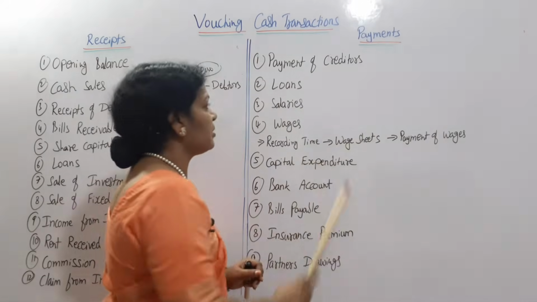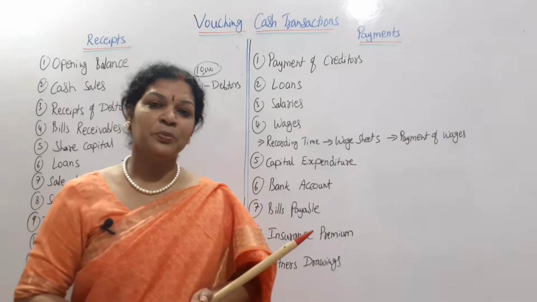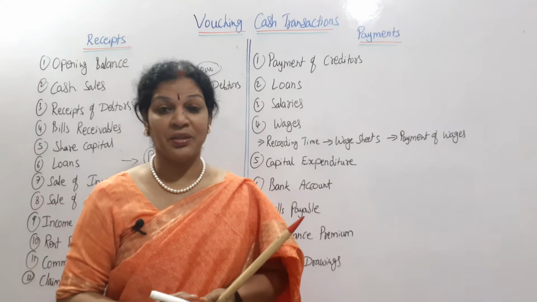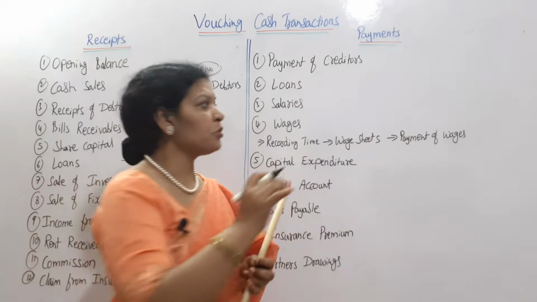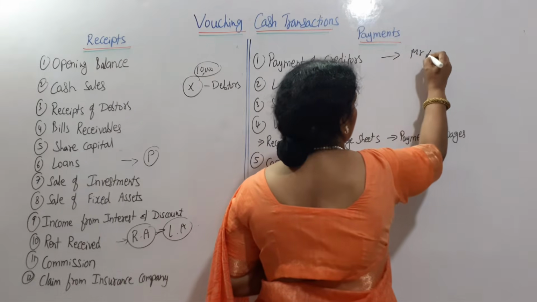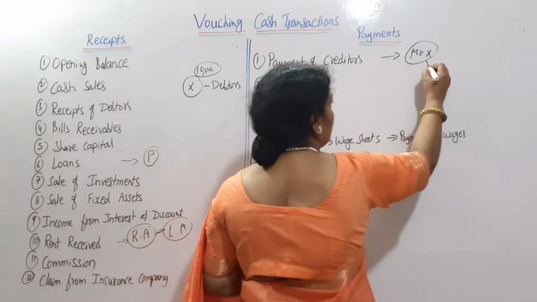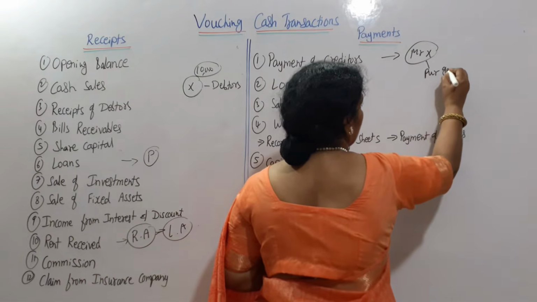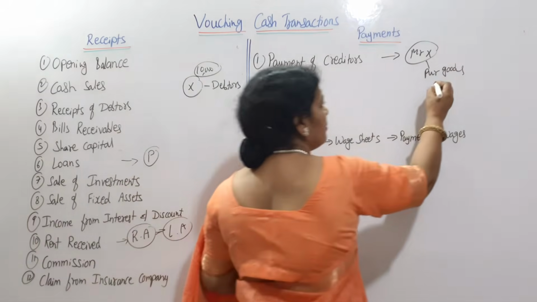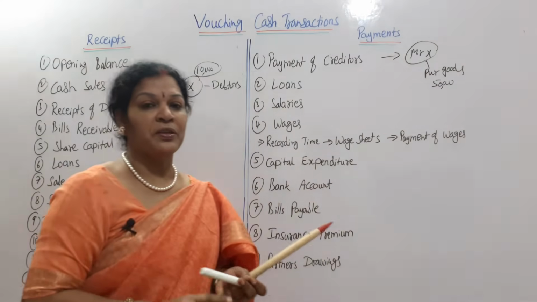Now coming to the payment side. First thing is payment of creditors. Creditors means goods purchased on credit basis. Suppose you have purchased goods from Mr. X on credit basis, and the worth is 50,000.